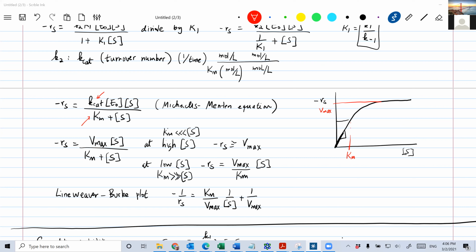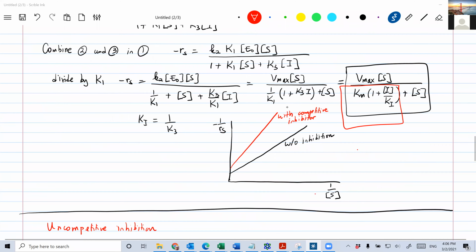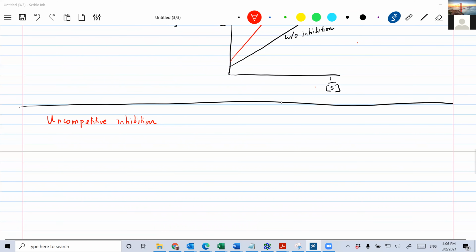At very high concentrations, the substrates in the numerator and denominator are going to cancel out, so you're going to end up with a constant, which is going to be Vmax. That's what Vmax is, the fastest the reaction can go. Okay, sorry, I skipped that, and I don't know if I had explained it before.